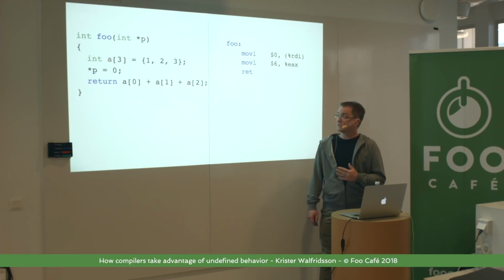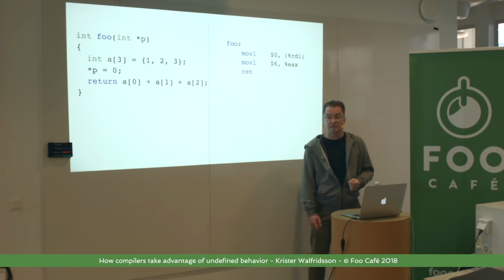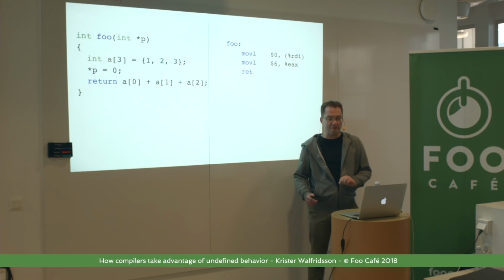And as you see here, this is needed in order to optimize when we have a random pointer involved in the code. In general, in order to optimize where there are pointers involved, we need this kind of reasoning, because otherwise we would need to write back everything to memory and read it back after every pointer access.